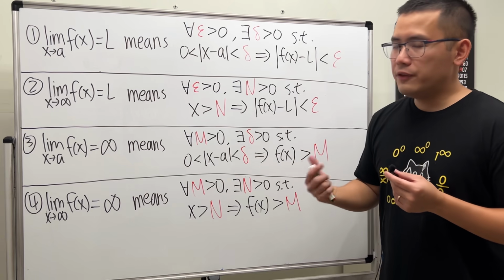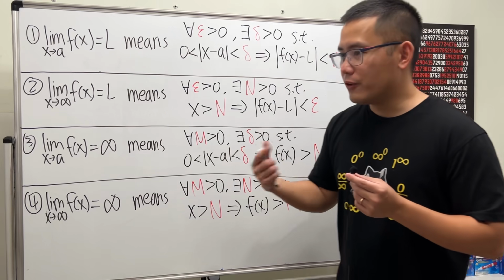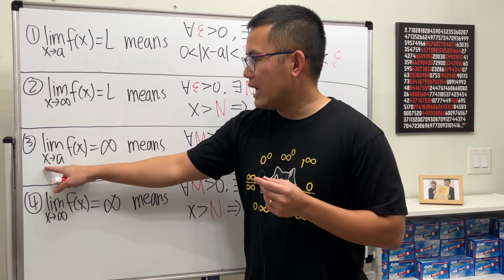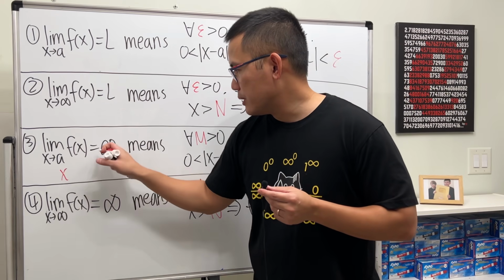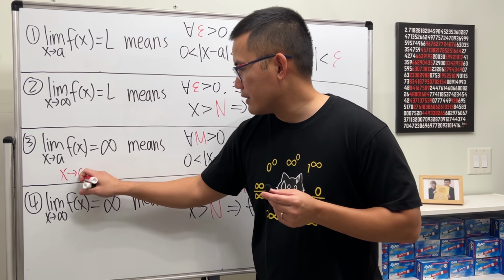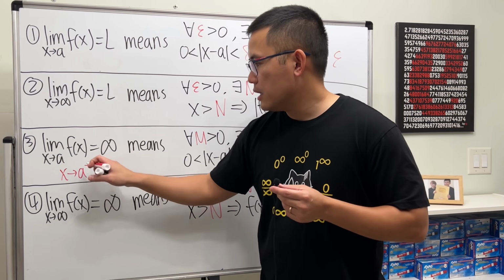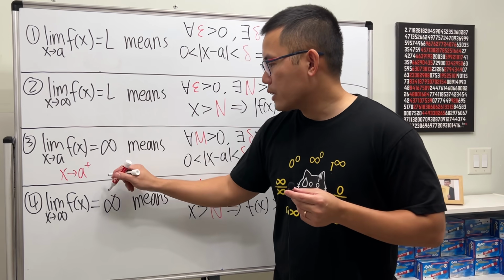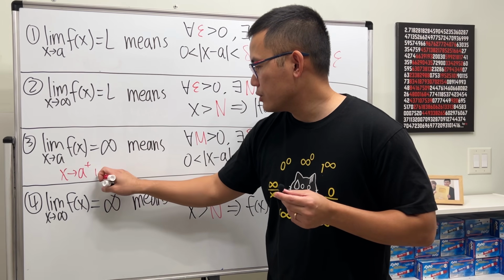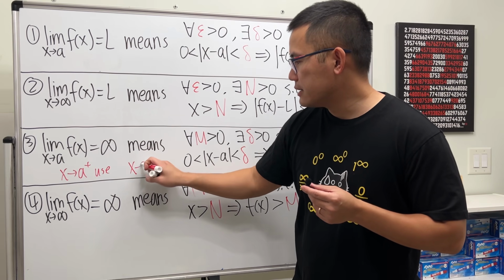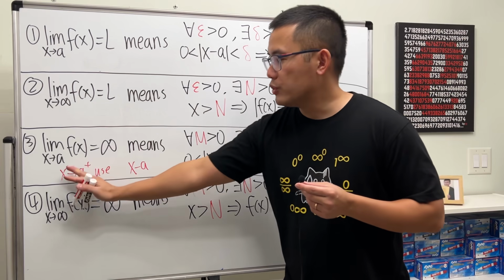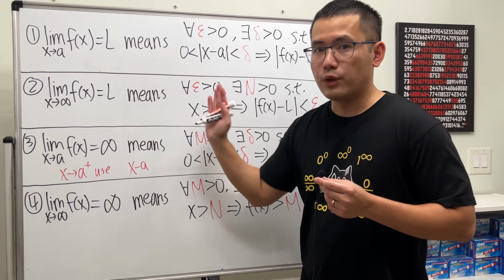Of course, there are different small variations. For example, if we have x approaching A plus, let me just make a little note. Especially this happens a lot when you have an infinite limit. If you have this, then we are just going to have x minus A, but this time we just want to care about x approaching A from the right hand side.